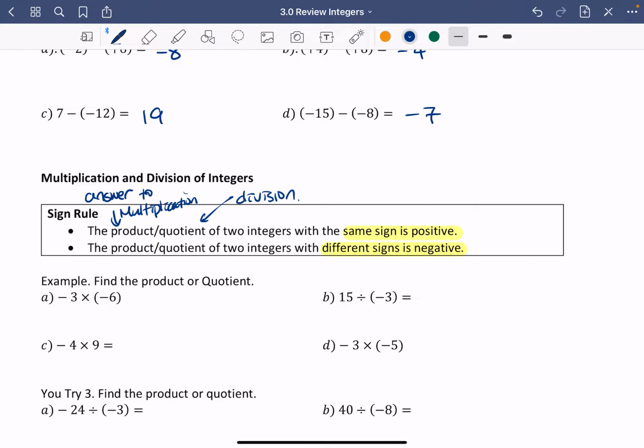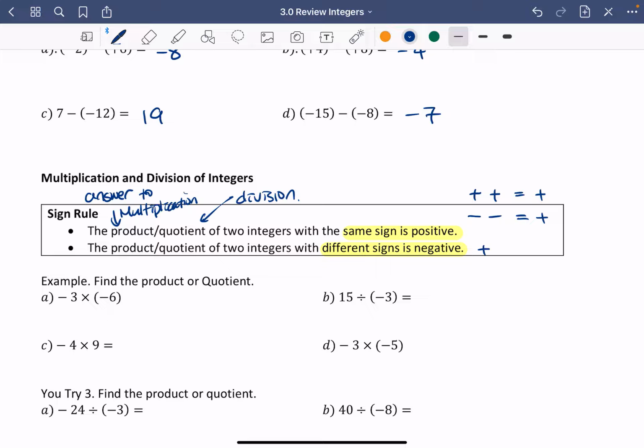So what these two rules say is basically if you have same signs, positive, so if you have a plus times a plus, both numbers are positive, so the answer will be positive. If you have a negative times a negative, again, they're both negative, so it's going to be positive. And then different signs will give you a negative answer. So if you have a positive number times a negative number, it's going to be negative. If you have a negative number times a positive number, it's going to be a negative number.